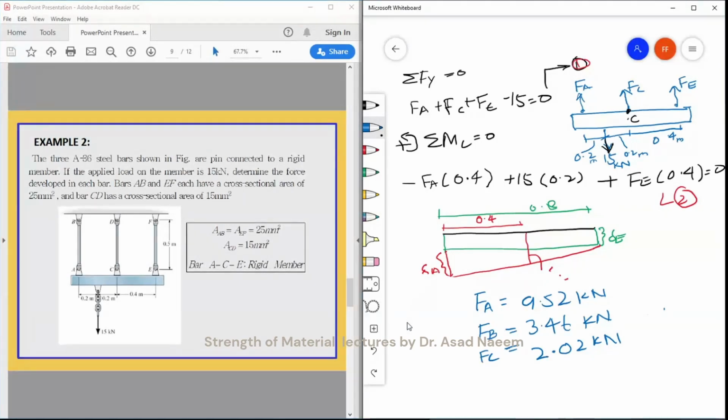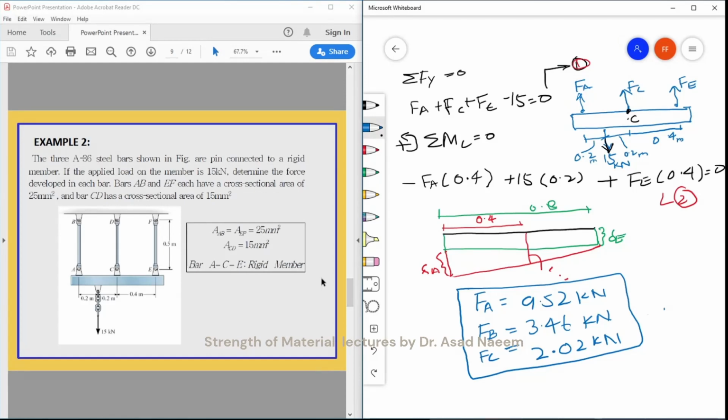Okay, so these are the forces that are acting on this bar, ठीक है. So it was a kind of a question using the compatibility equation and equilibrium equation for statically indeterminate structures, ठीक है.